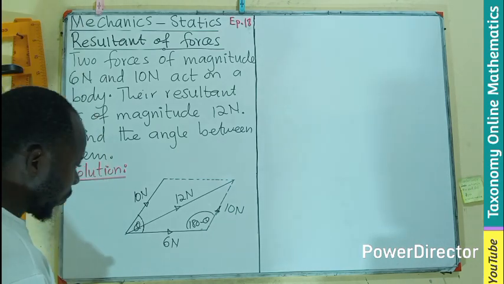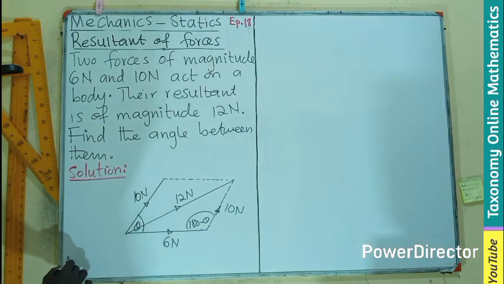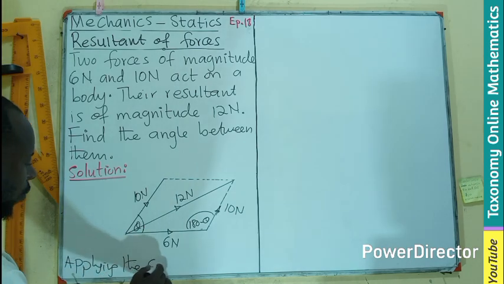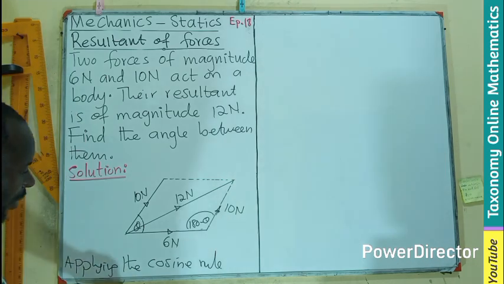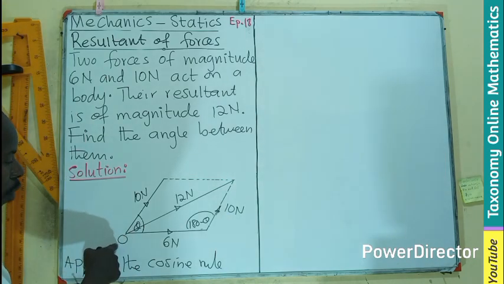Now, what do we do? We are going to apply the cosine rule. Let's say we label here as the common point where the two forces are acting.